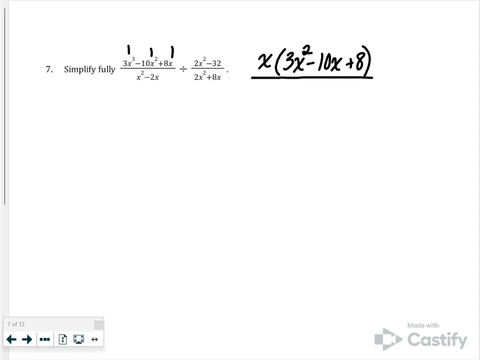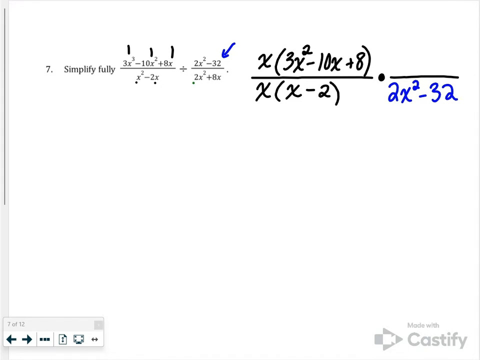And then that is all going to be over, and I actually see an x and an x in there too, so I'll take out an x, and we're left with x minus 2. Now, the next piece we're going to multiply, and you're going to notice that this piece is now going to be in the denominator. So we're going to flip that fraction. We're going to multiply by the reciprocal.